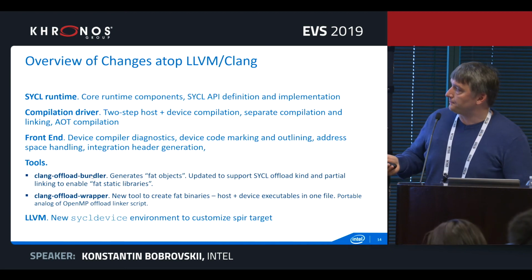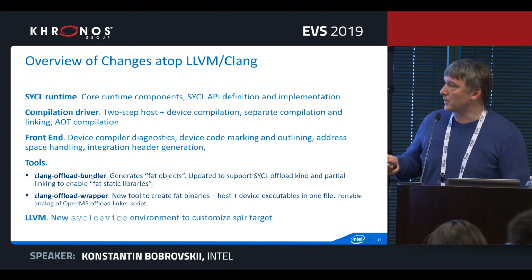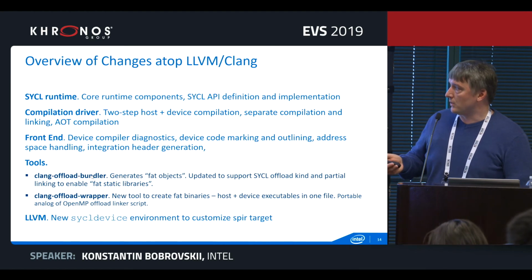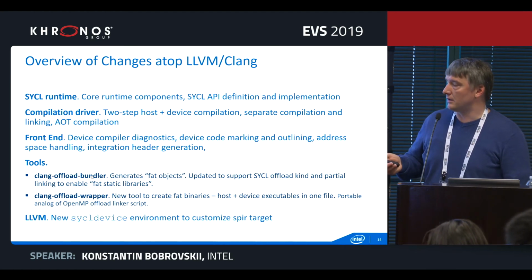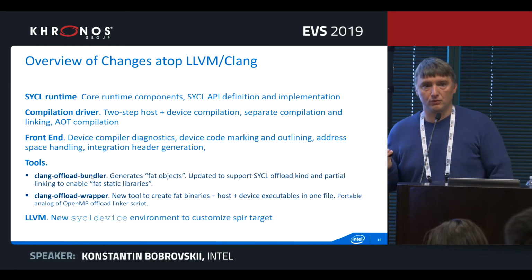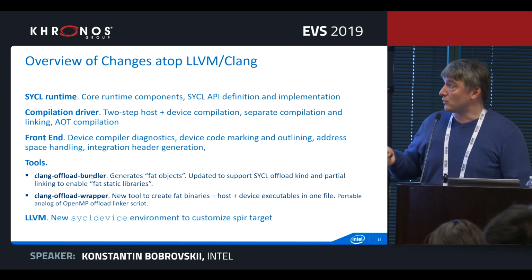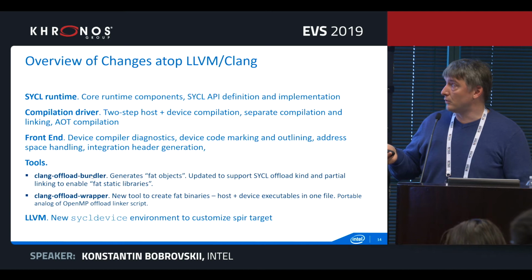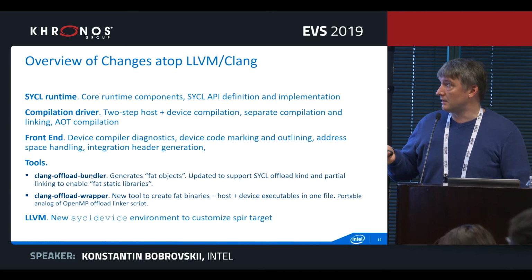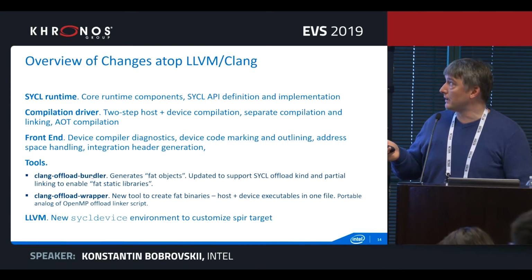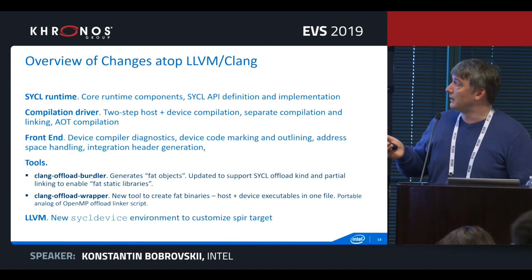Tools. A couple of tools are used in the SYCL compilation process. The first one is the Clang offload bundler. It is probably familiar to those who did OpenMP offload. It existed before, and we extended this Clang offload bundler to also handle the SYCL offload kind.